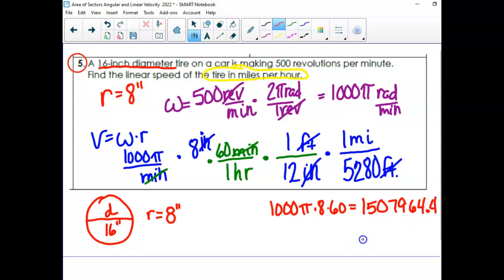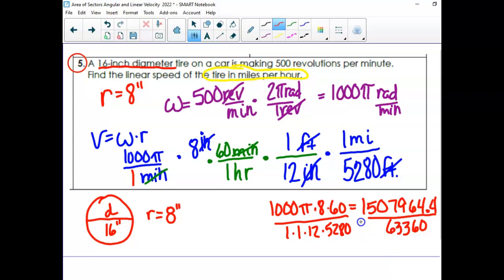All right, and what do we have in the denominator? It's a 1 times a 1 times a 12 times a 5,280, which is like that. Okay, now what do we have left to do?